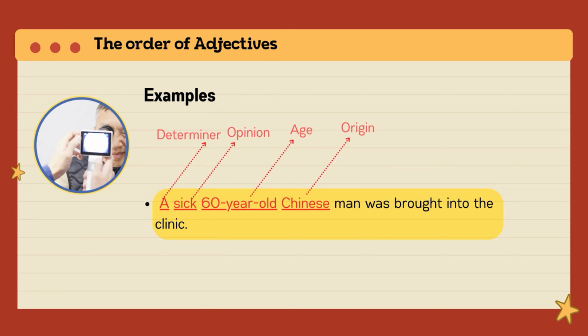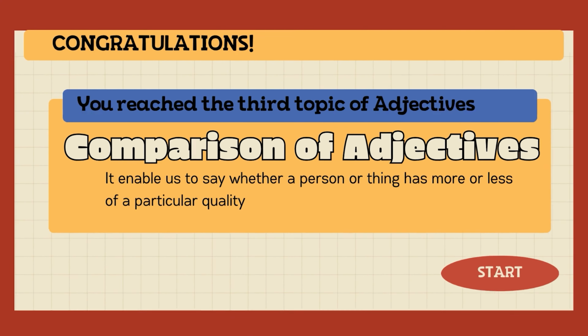He is described as sick according to his age and origin. Again, notice the order. The sentence followed Do Sas Comp. The adjectives that were used are D, determiner, O, opinion, A, age, and O, origin.